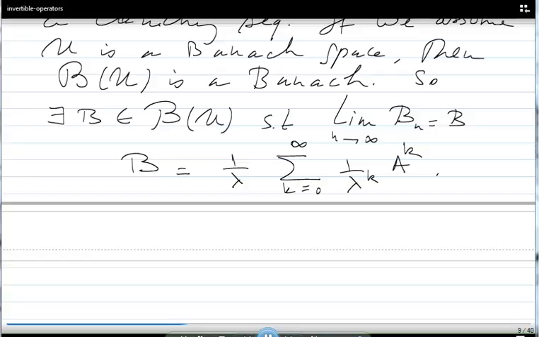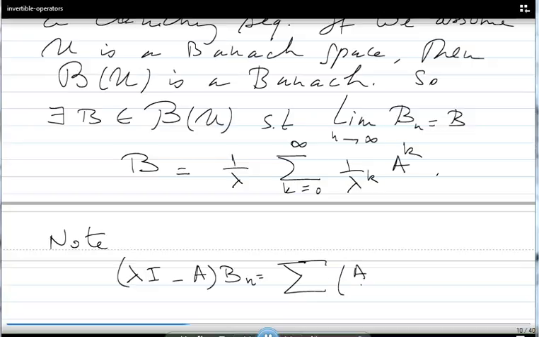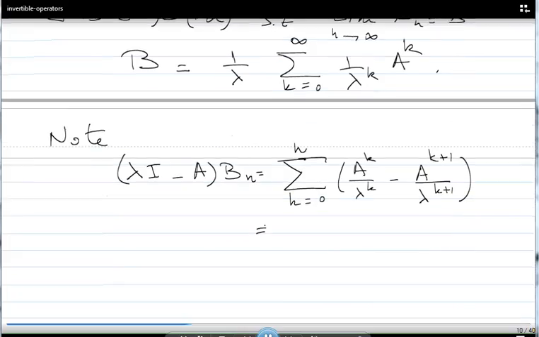Before we move on there, note, if we take lambda I, the identity of U, times the Bn, then this is equal to sigma of a to the power k over lambda to the power k minus a to the power k plus 1 over lambda to the power k plus 1, from k equal 0 to n, which gives equal I minus 1 over lambda to the power n plus 1, a to the power n plus 1.